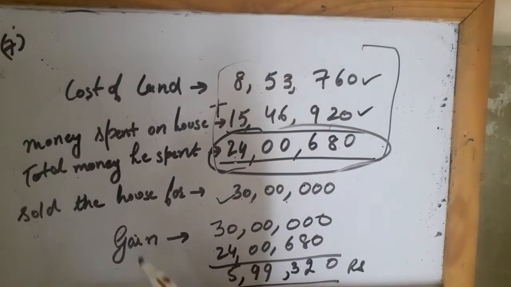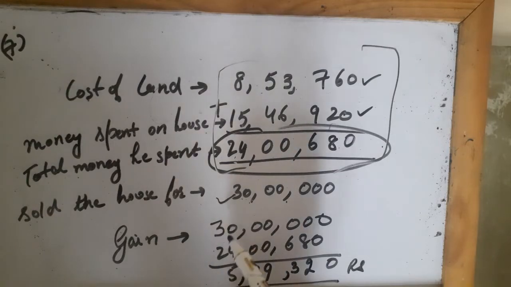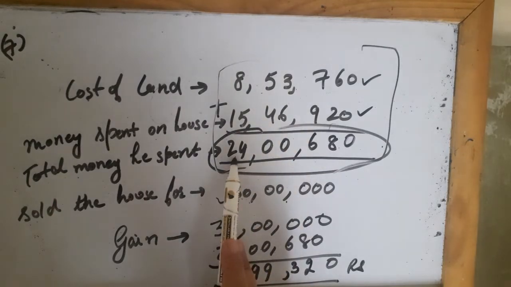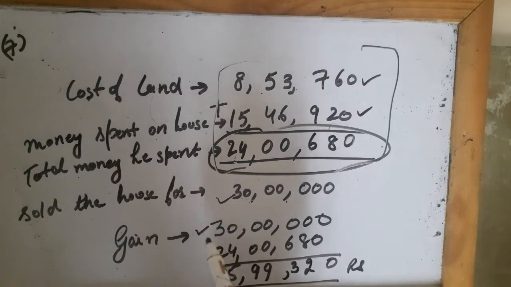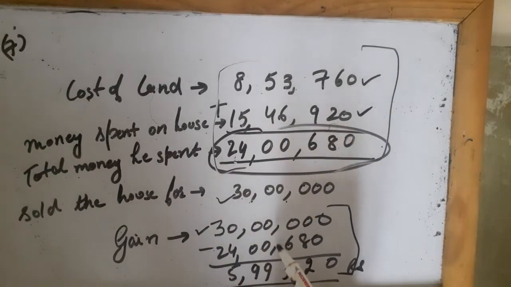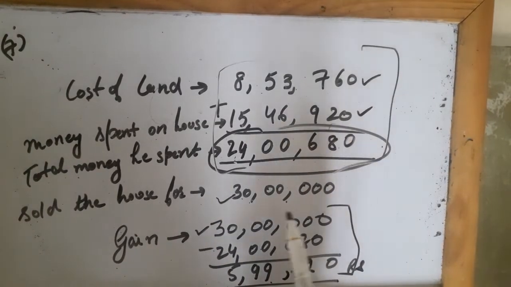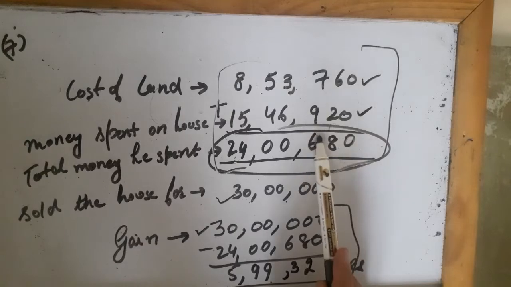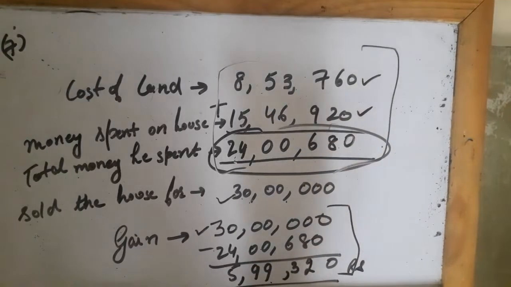So how much gain did he have? I will subtract the money which he has spent from the money with which he sold the house. So when I subtract, I'll get the answer. So again in two steps, first I will add and then I will subtract.